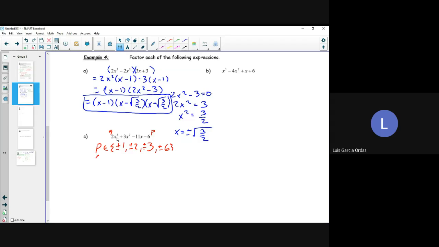And factors of Q we found to be positive and negative 1 and positive and negative 2. And for P over Q, we have all the elements in P plus 1/2 and 3 over 2.